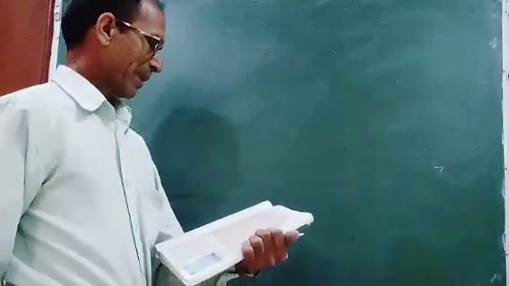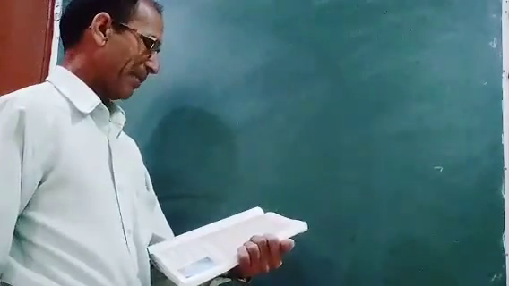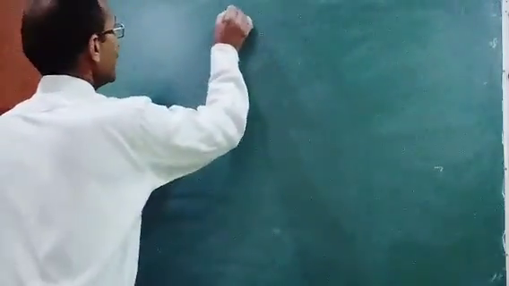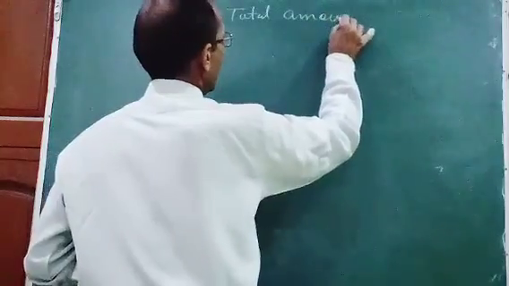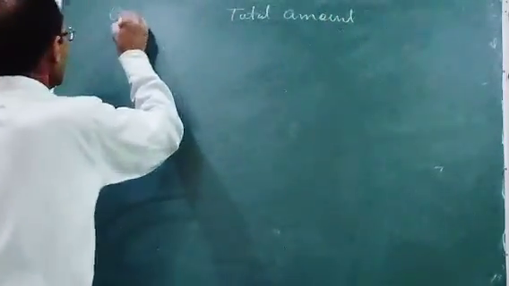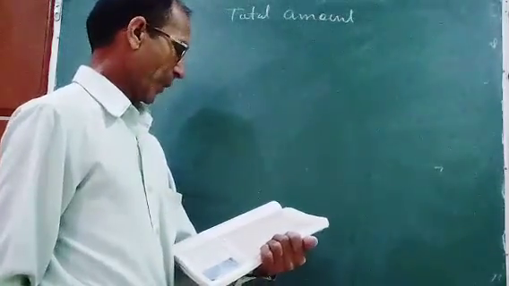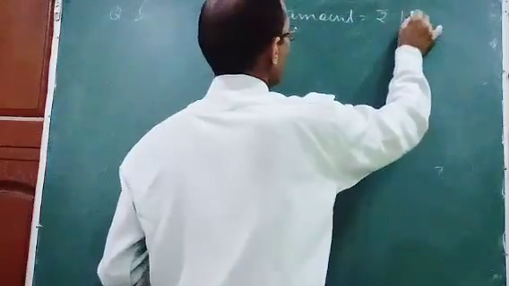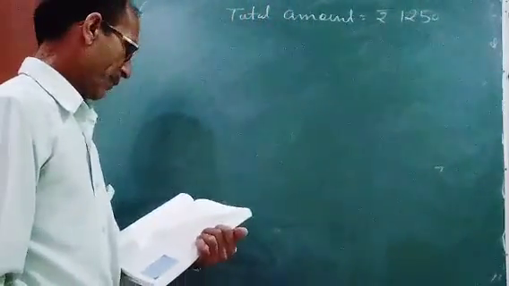Question number 6. Divide rupees 1250 between Aman and Amit in the ratio 2:3. Total amount is rupees 1250.